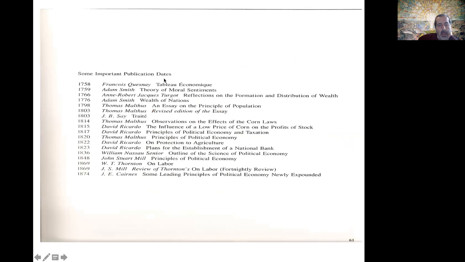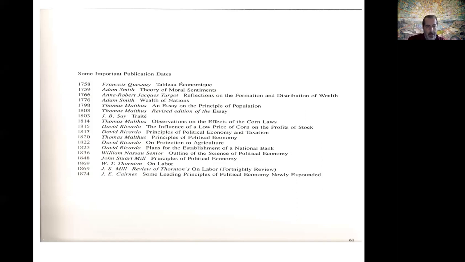Okay, again, some important publication dates. We have Francois Quesnay, who is the founder of economic analysis, so to speak, a physiocrat, and of course, Adam Smith. Adam Smith was a contemporary of Francois Quesnay, and he was influenced by Quesnay himself. But Adam Smith was a moral philosopher.